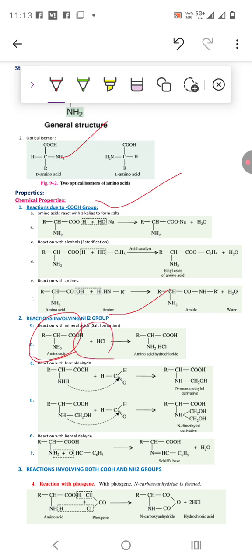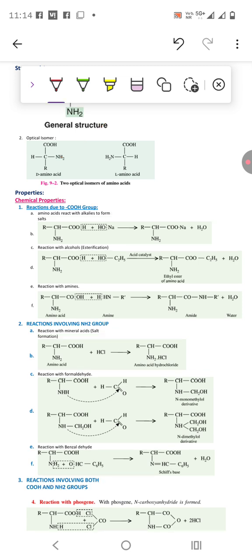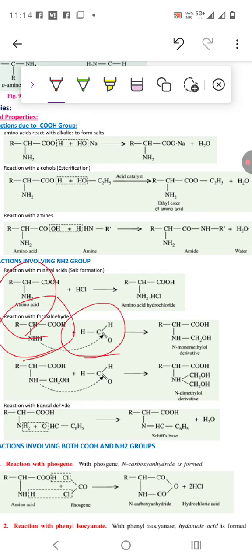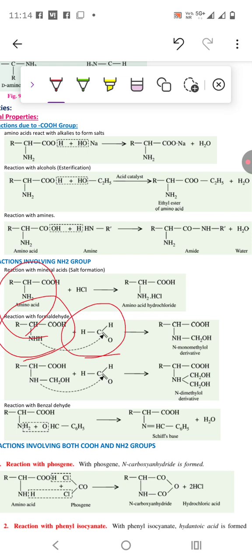Amino acid reacts with hydrochloric acid, forms amino acid hydrochloride, NH2.HCl. Next, reactions with formaldehyde, HCHO. Amino acid reacts with formaldehyde to form what? Look, N means nitrogen, mono means single, methylol means methyl alcohol or hydroxymethyl.